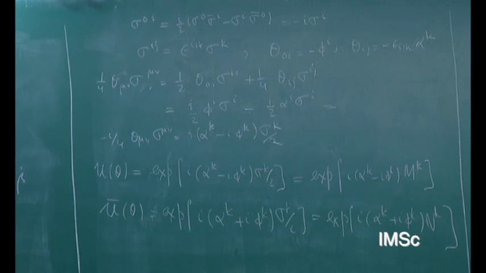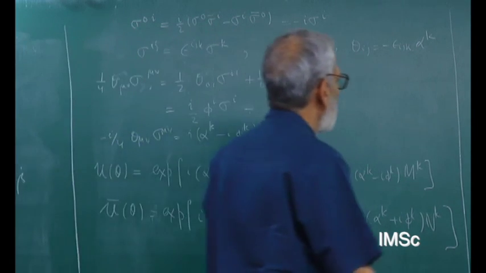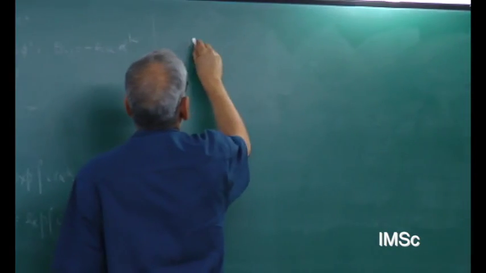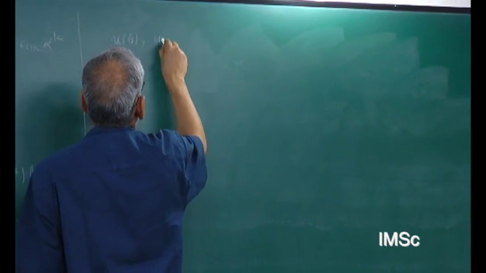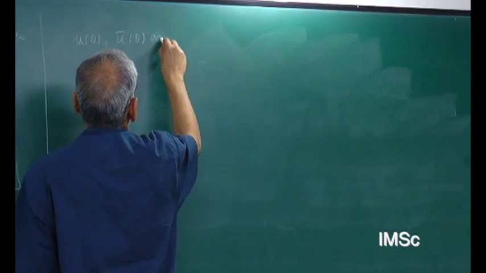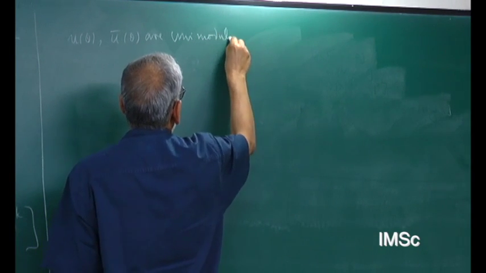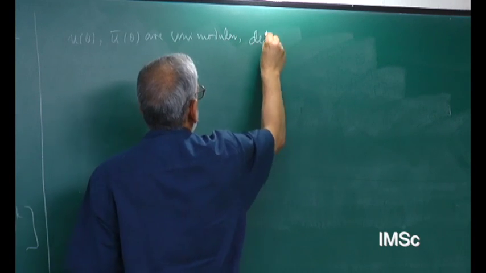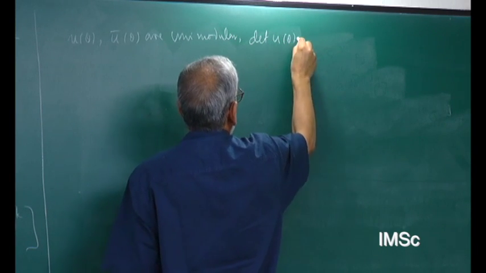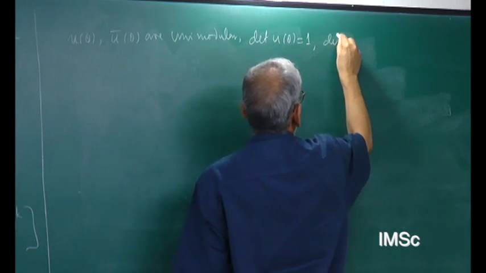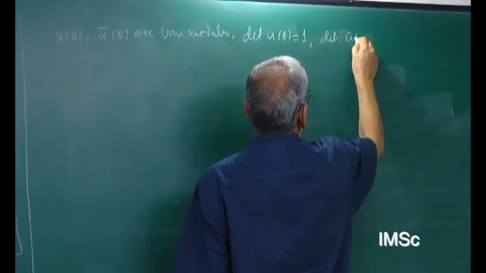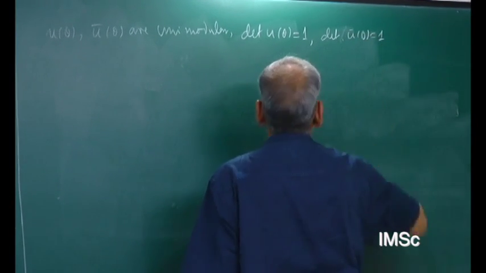Now these small U's have some nice properties. U theta and U bar theta are unimodular. That is, the determinant of U theta is 1 and the determinant of U bar theta is 1.